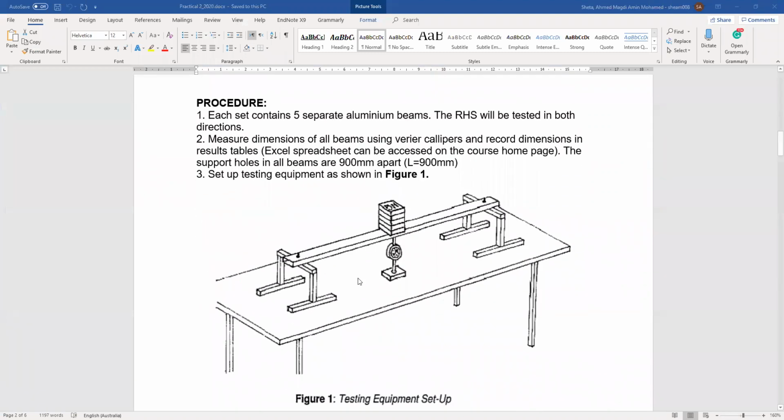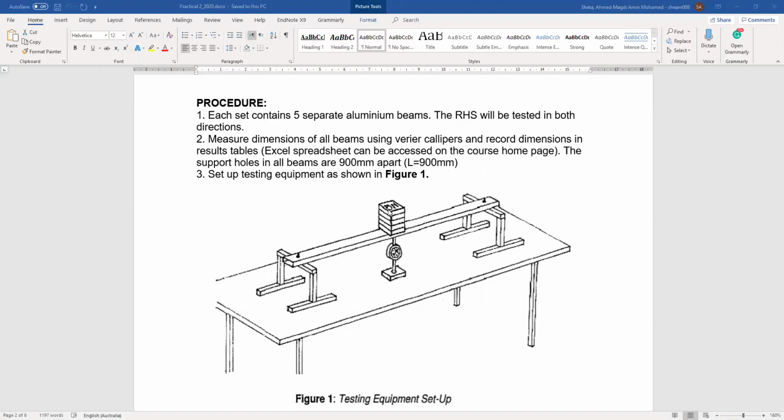This setup is for the test. It is very simple. We are just laying the beam horizontally over two supports. These are the two supports, as you can see. And then at the middle, we will put a dial gauge or LVDT to measure the deflection.